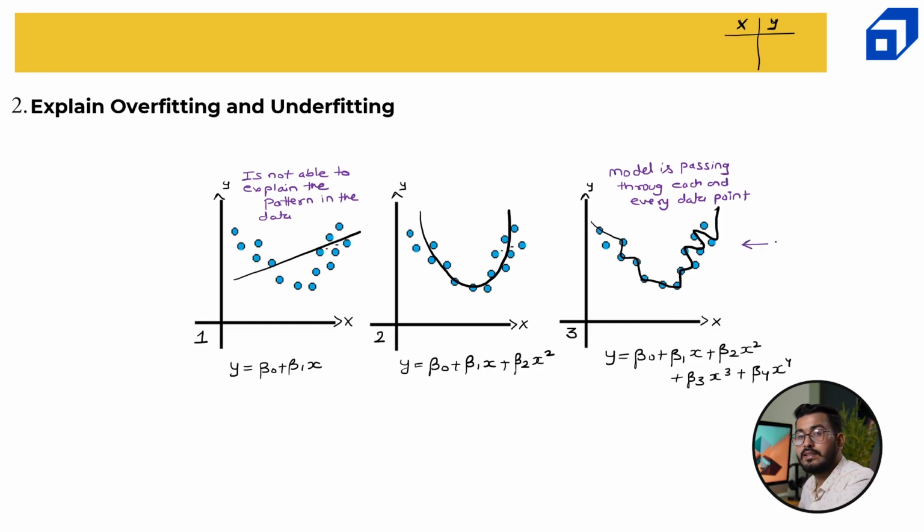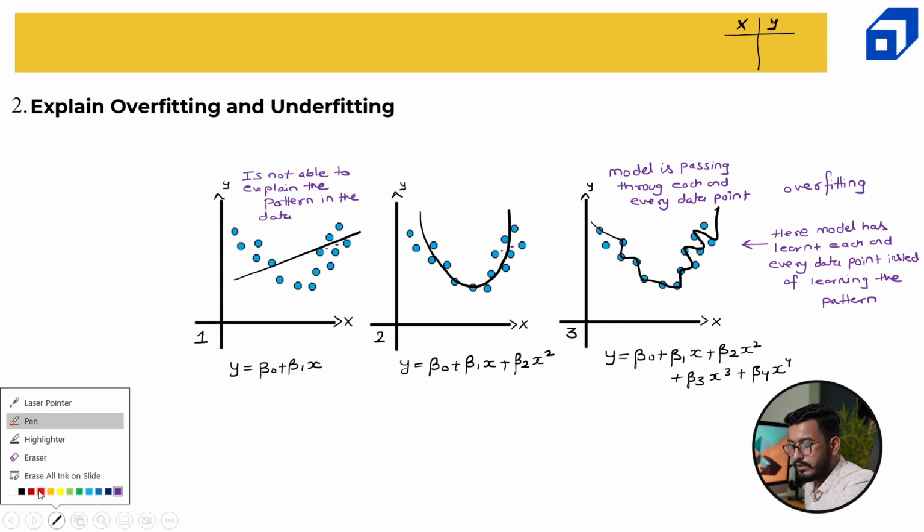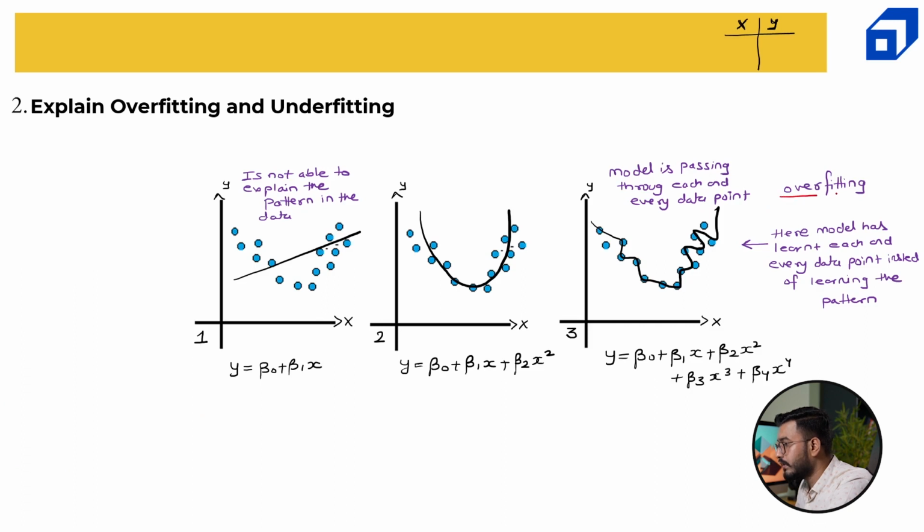Your model has learned each and every data point instead of learning the pattern. And this is the case of overfitting. And I would highlight it with red color because this is the case which we always try to avoid.